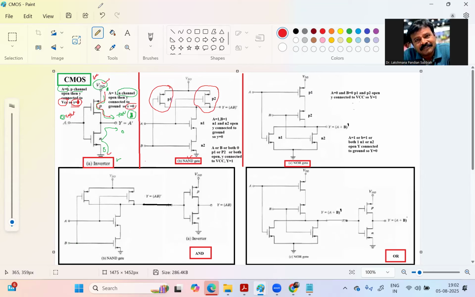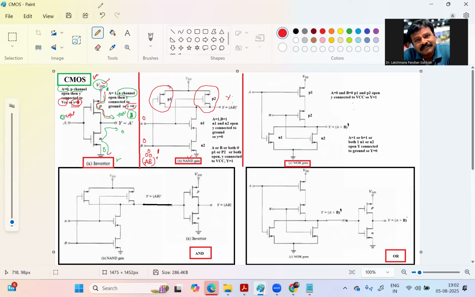If you are having A and B, then AND is AB and NAND is AB dash. The characteristic is, if you are applying both 0, the overall is 0 and inverted, so we are getting the value 1 as output. If you are applying both 0 at a time, Y is connected with VDD, so we are getting 1.